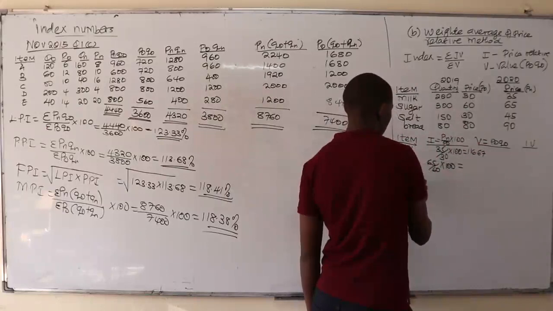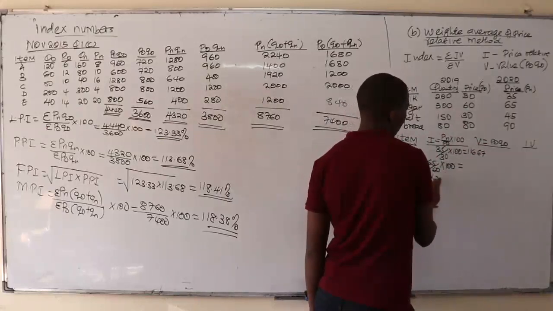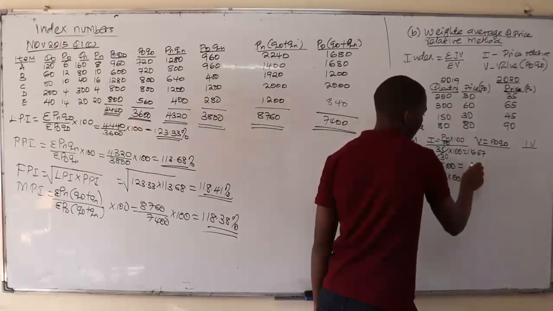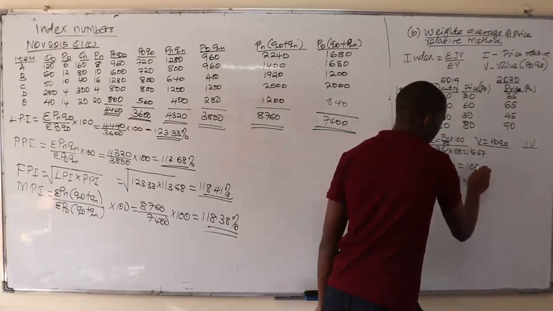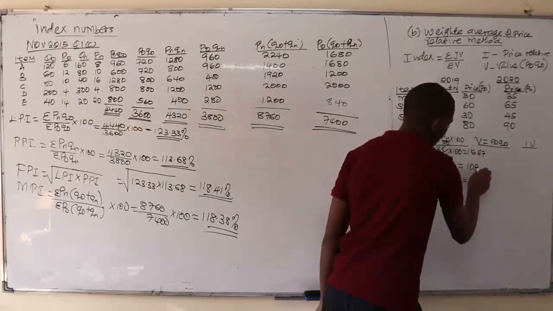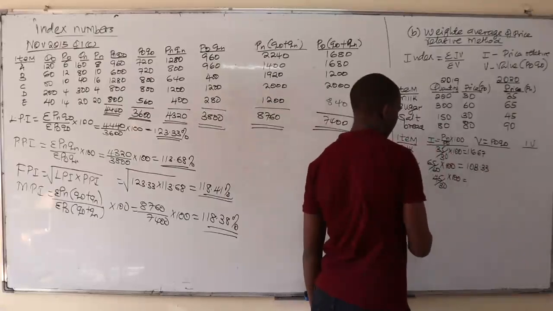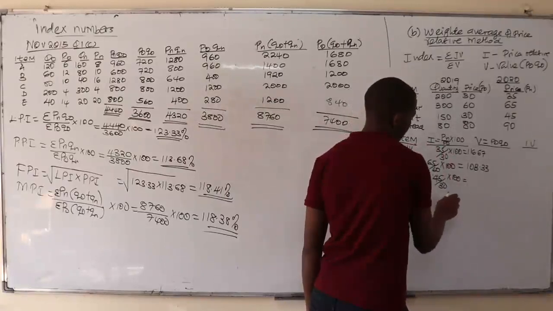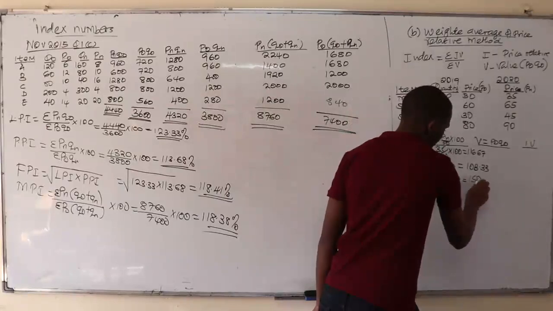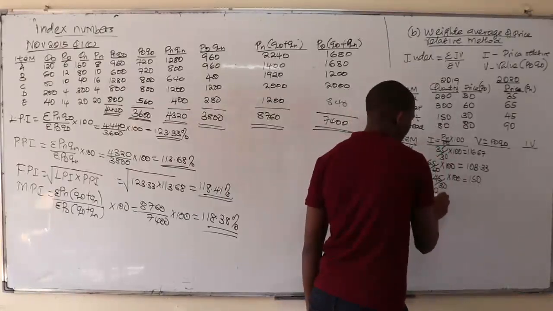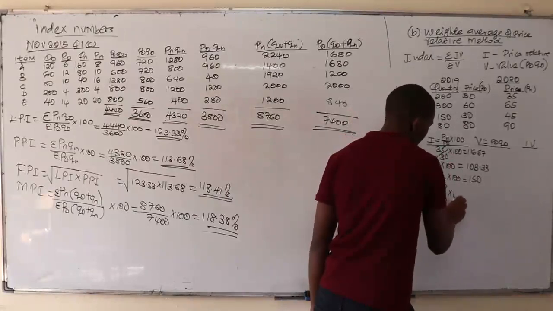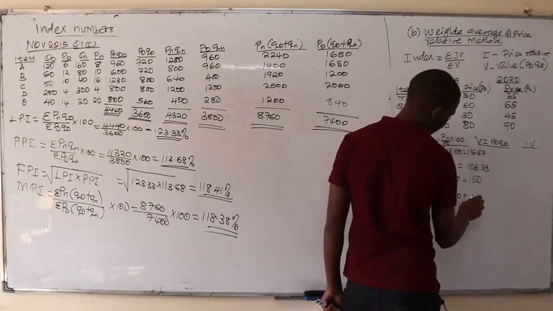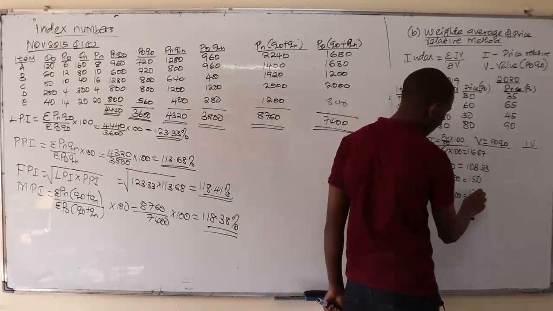Salt, 45 over 30 multiplied by 100, which gives 150. And the last one is 90 over 80 multiplied by 100, which gives 112.5.